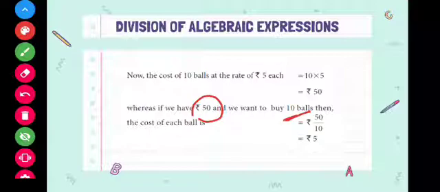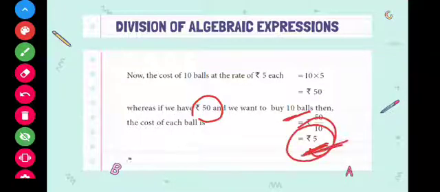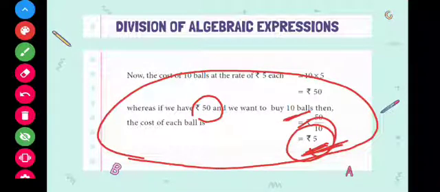How do you tell that? You have to divide that ₹50 by 10 so that you get the final value, which is the amount for each ball. So 50 by 10 will give you 5. So each ball costs ₹5. This is where division plays a major role in our daily life. You have to find the value of a particular product from a whole amount.